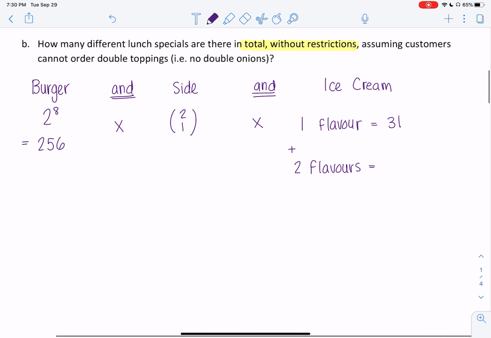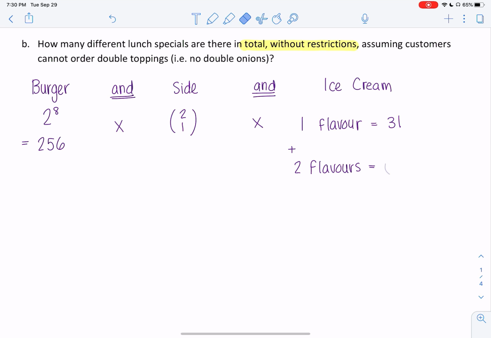So for 2 flavors, the order doesn't matter because they're all going to go into this milkshake. So it doesn't matter if it's chocolate vanilla chocolate or chocolate vanilla chocolate. Those 2 chocolates switching out doesn't matter. It also doesn't matter if we have chocolate vanilla strawberry or strawberry vanilla chocolate. That order doesn't matter, so it's a combinations question.